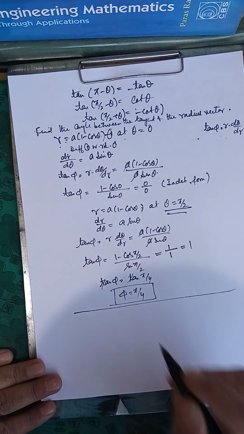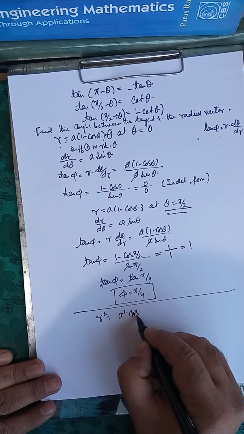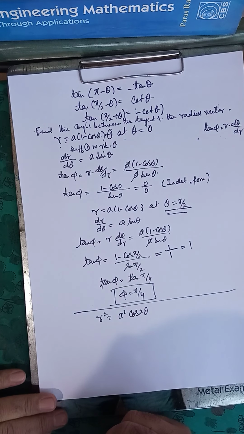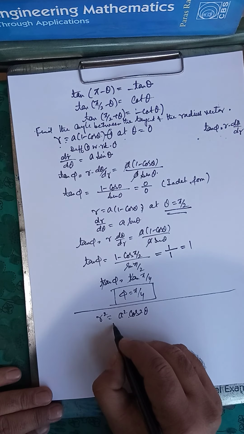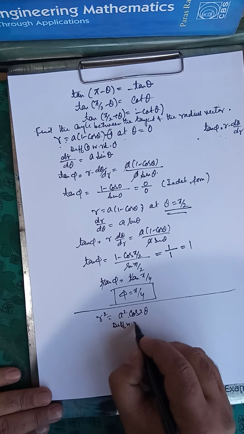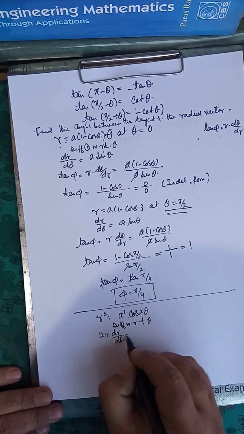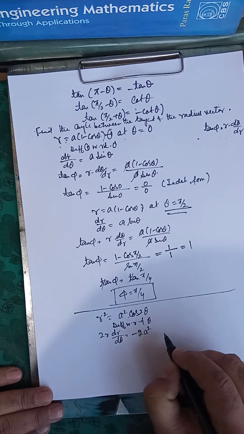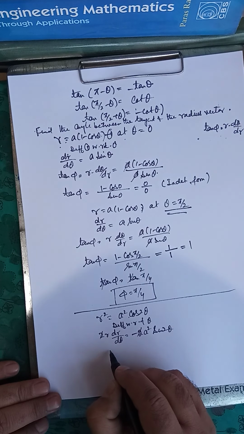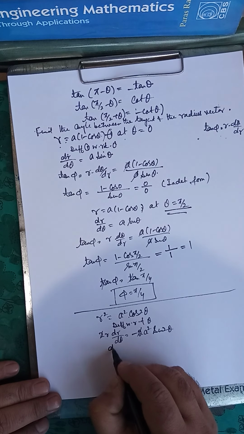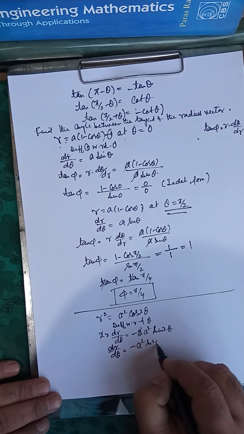Similarly, for r square equal a square cos 2 theta, let me take this one. Let me differentiate with respect to theta. 2r dr by d theta is minus 2a square sine 2 theta. So dr by d theta is minus a square sine 2 theta by r.